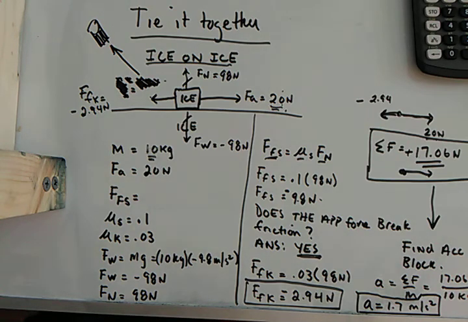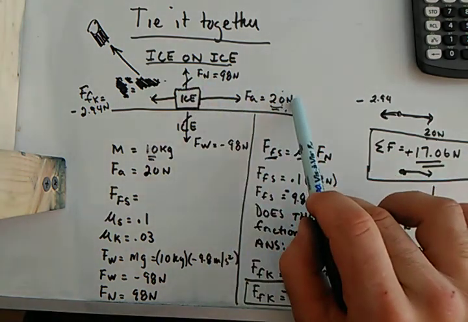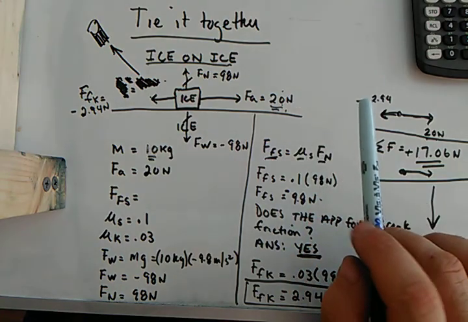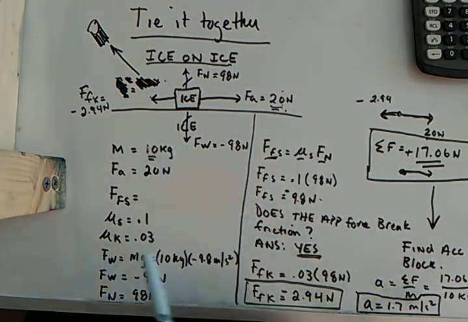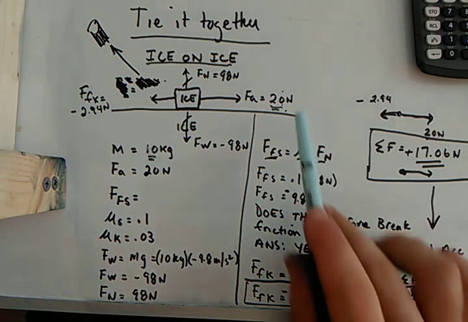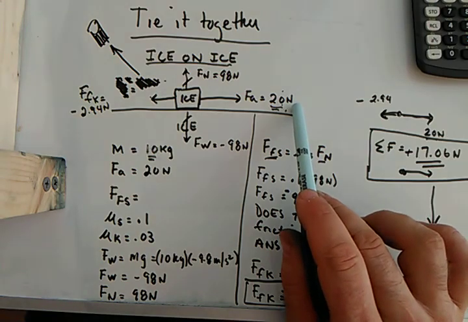Again, long-winded, but you're going to have to maybe go back and look at the problem again. Quick recap. I gave you a mass. I gave you an applied force. I asked you to first find the static frictional force, which you did. And then you said, well, because 20 beat that, it now moves.